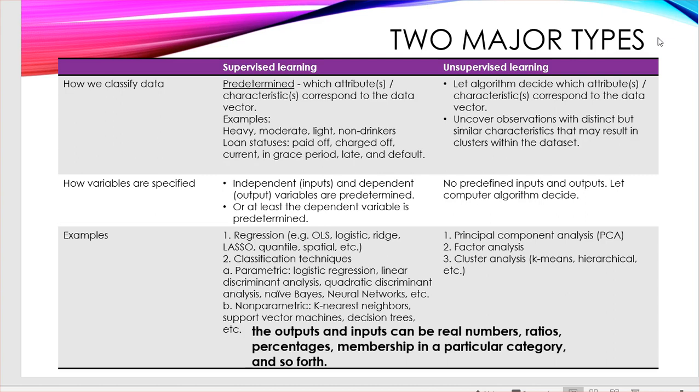The supervised and unsupervised methods of classifying data also differ in how variables are specified. As I mentioned before, when we use the supervised approach to classify data, the independent and dependent variables are predetermined.